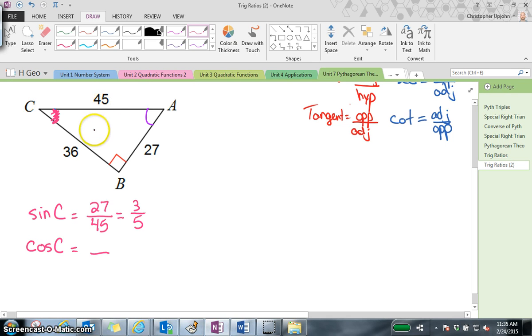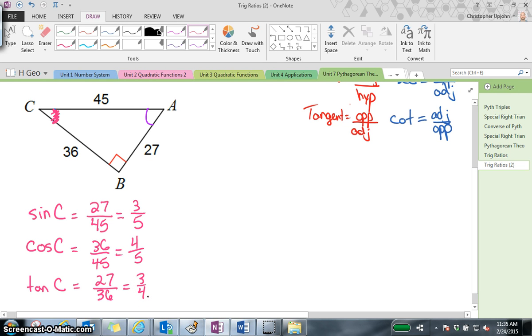So our adjacent leg is 36 over hypotenuse. And of course, we simplify that: 4 over 5. Tangent of C is our opposite over adjacent. Our opposite side again is 27, adjacent is 36. Simplified by 9, we get 3 over 4.